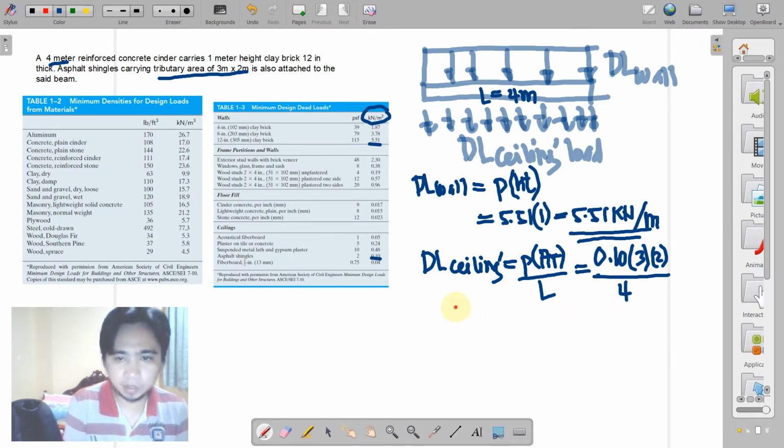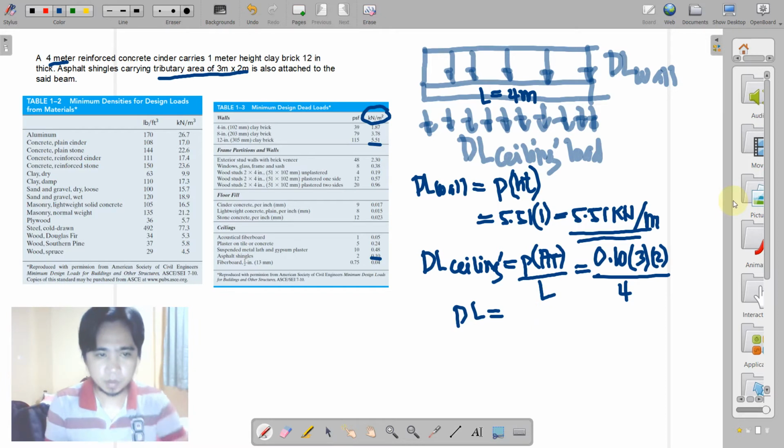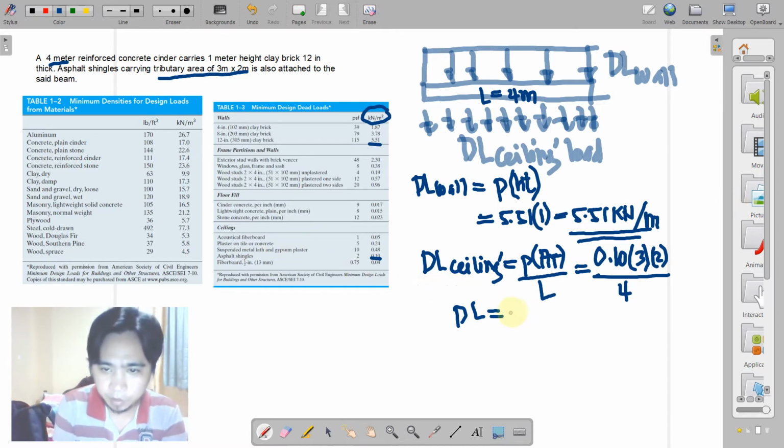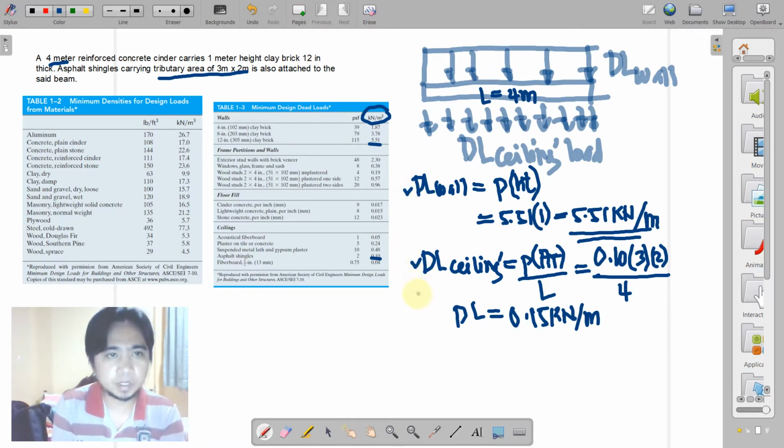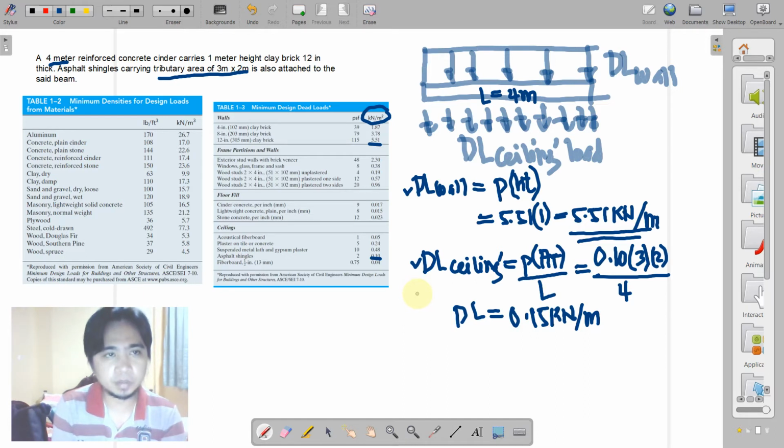So we come up with the ceiling dead load equivalent to 0.15 kilonewton per meter. We have now obtained the dead loads of the wall and the ceiling that are being carried by this concrete beam. It is also one of the unknowns in the problem that we need to compute for its self-weight.